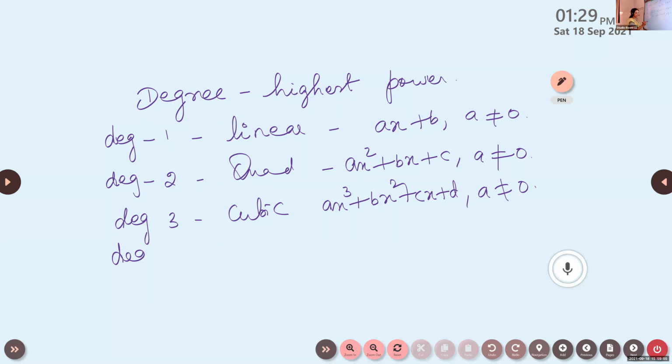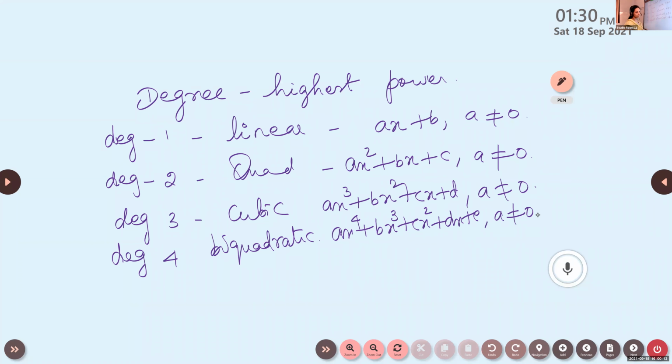Degree 4 means we call it a biquadratic polynomial, and the general form is ax raised to 4 plus bx cube plus cx square plus dx plus e with a not equal to 0.